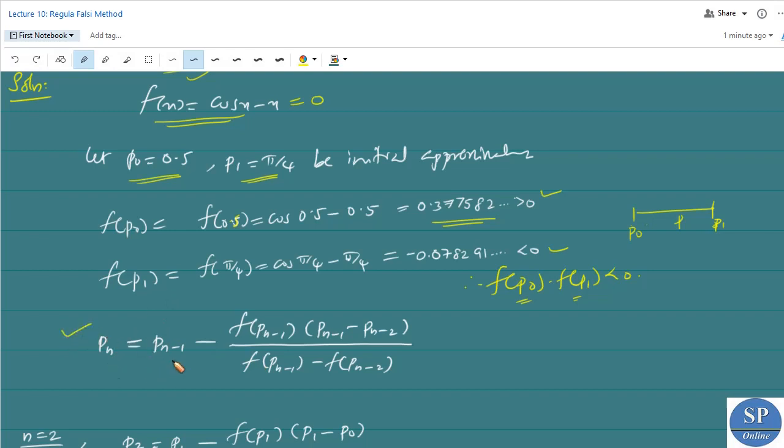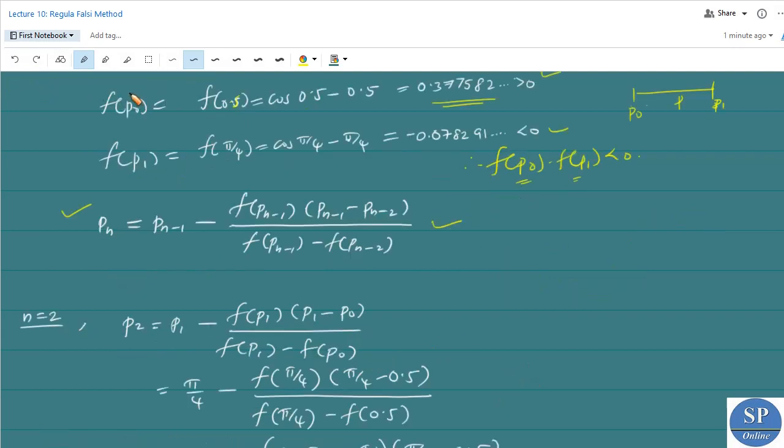That is, Pn is equal to Pn minus 1 minus f of Pn minus 1 times Pn minus 1 minus Pn minus 2, divided by f of Pn minus 1 minus f of Pn minus 2. Here we have taken P0 equal to 0.5 and P1 equal to pi by 4.